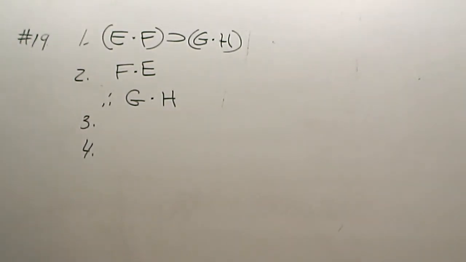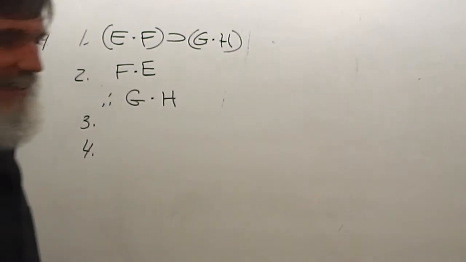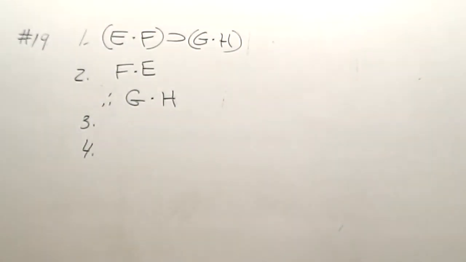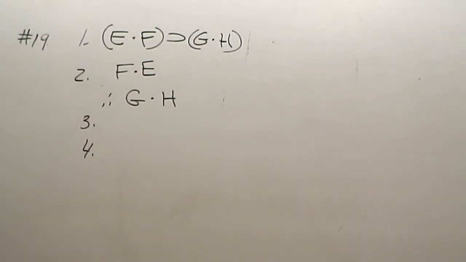Boy, if you don't look at that too closely, you'd think we have exactly one of our first 9 rules of inference. Figure out what it is. One of our oldies but goodies.